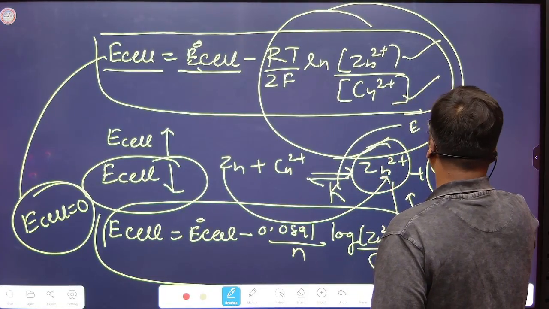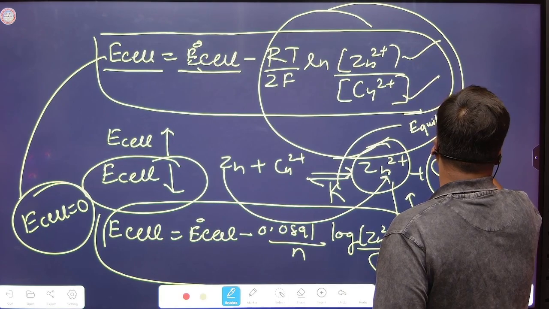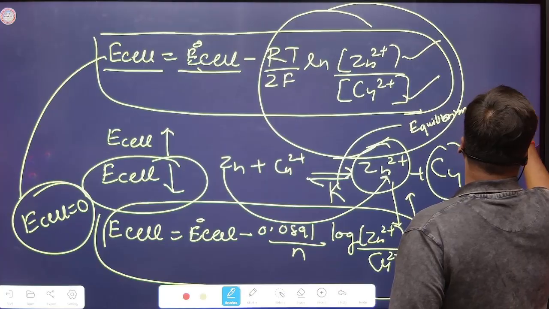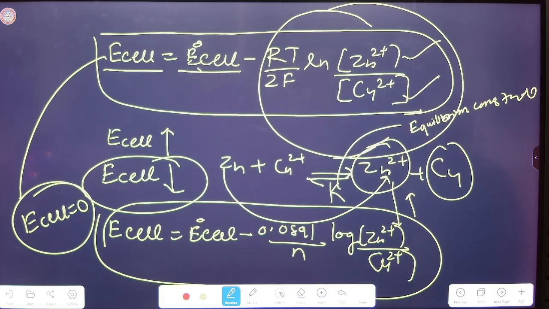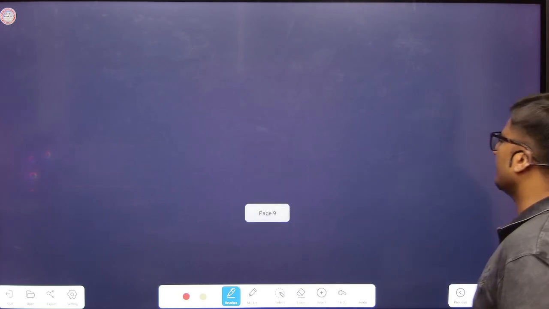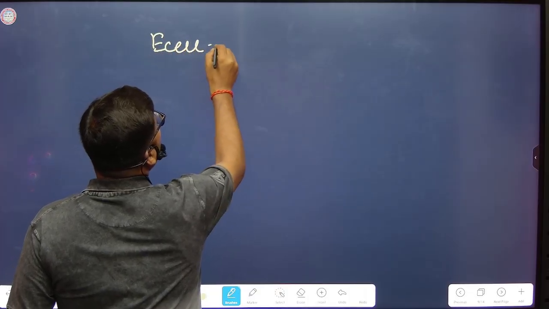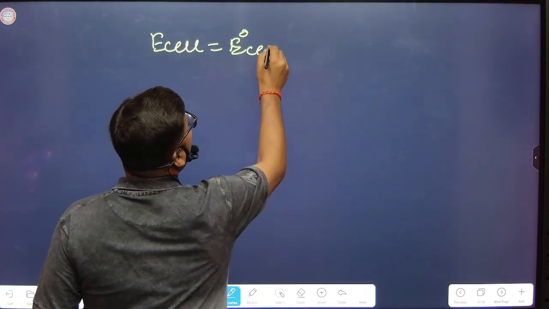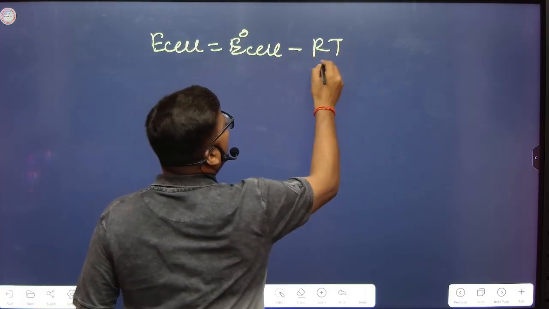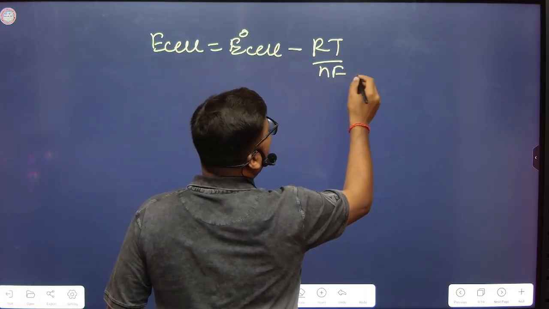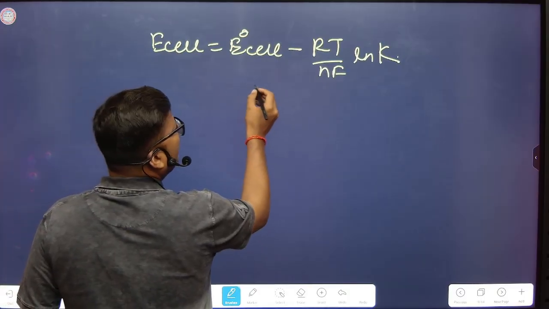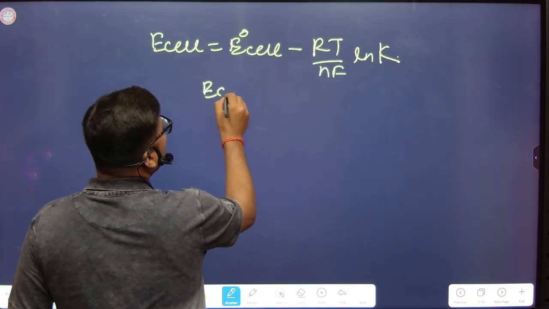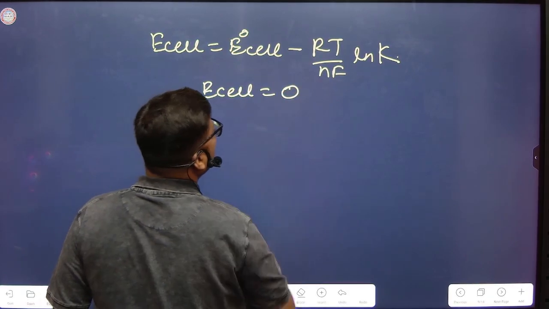It depends on the temperature. Equilibrium constant, right? So what happens here? E cell equals E naught cell minus RT upon nF ln K. So if E cell is 0, right?